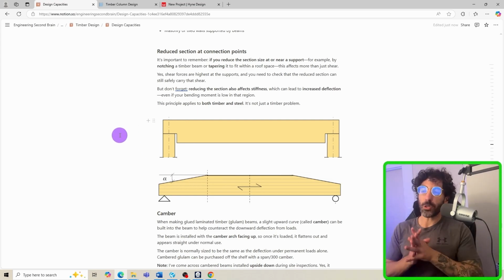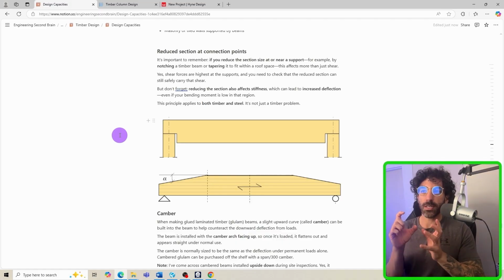So since you watched the shear lesson, the first thing that should come up in your mind is a reduced shear capacity of these beams. Now you have to remember that it's not only a shear problem, it is also a deflection problem.